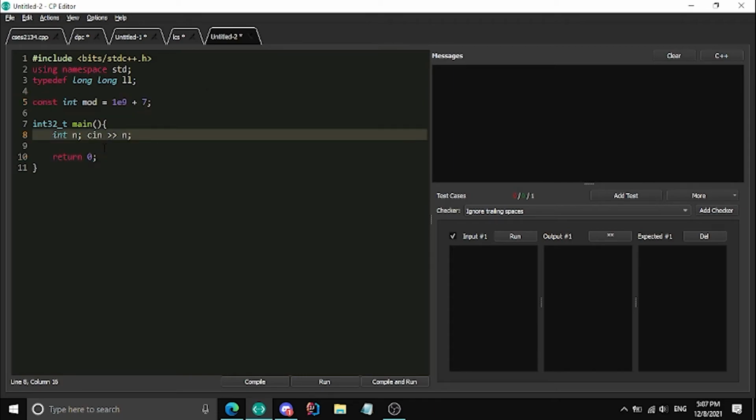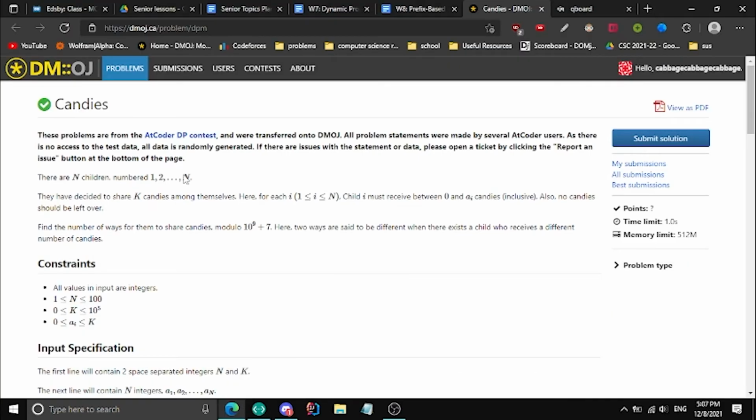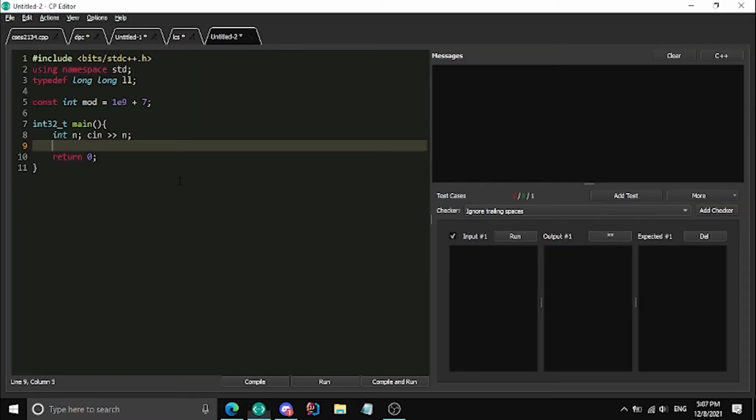And because the number is very large, the problem tells us that we need to mod the answer by 10 to the 9 plus 7. But if you only do that at the end, you're going to overflow somewhere in between probably. And so you want to do that as you're going along, as you're going through the problem.